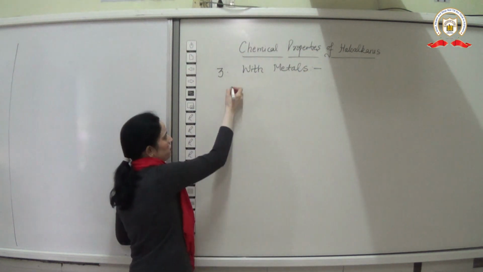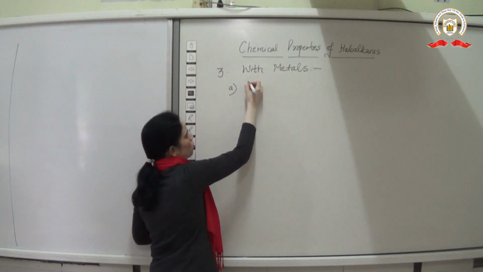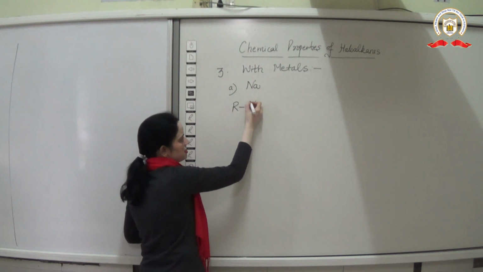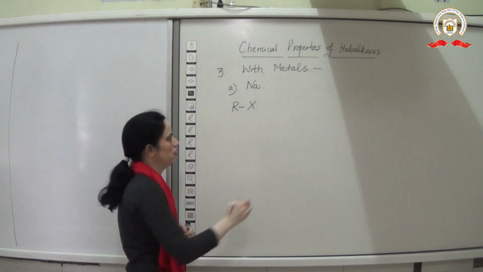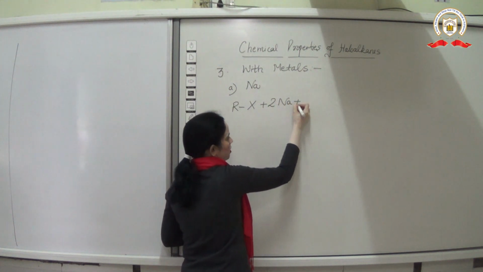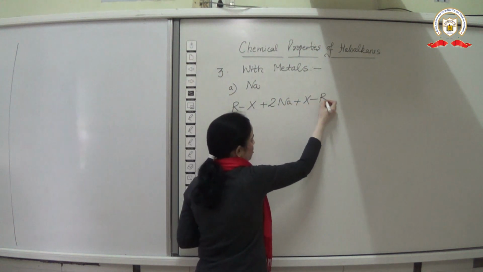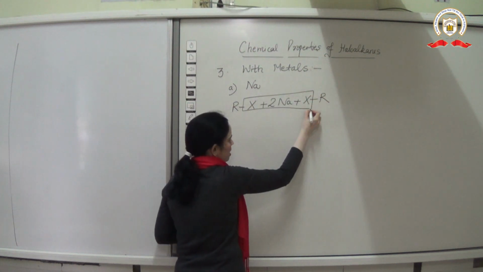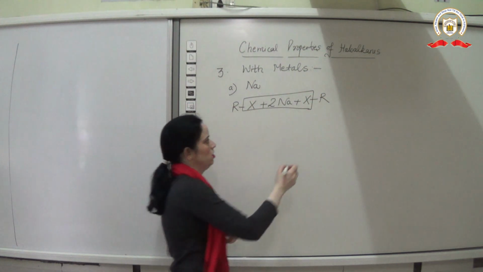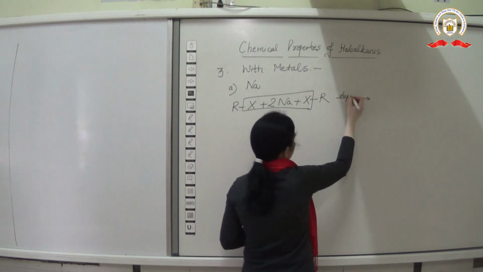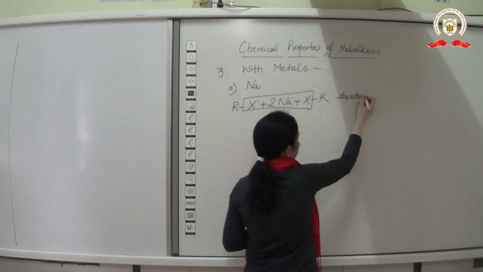The first metal that we will be dealing with is sodium. Now, the reaction starts with RX, haloalkane, reacting with sodium, another molecule of haloalkane. We will be showing the simultaneous removal in presence of dry ether.